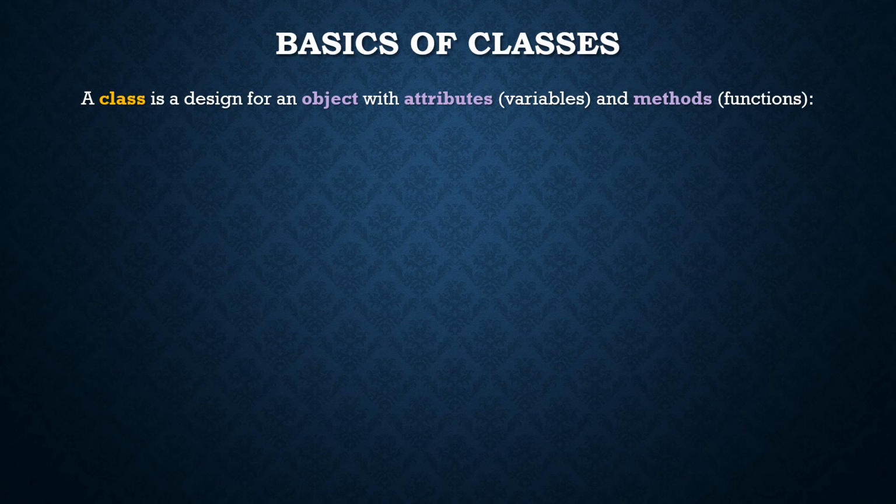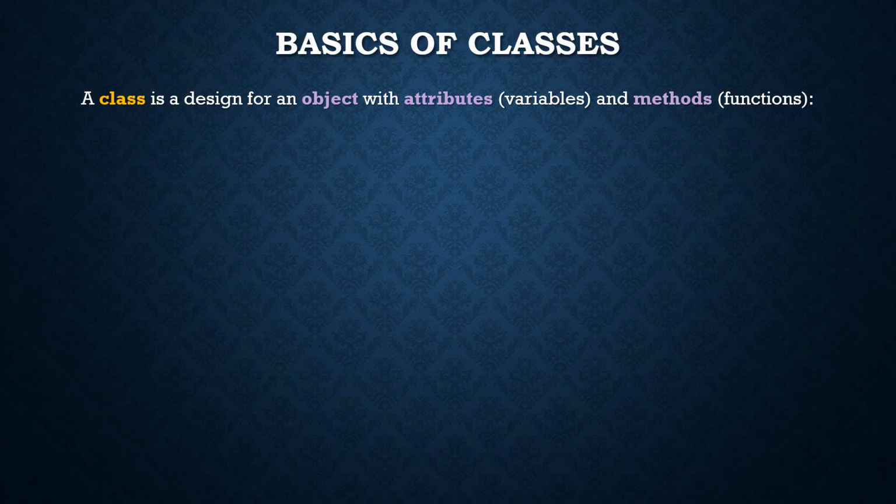When we design classes, they basically have two different components in the object-oriented paradigm. The first one is called attributes, which basically defines the variables that are associated with a particular class. In the case of a car class, think of what the attributes might be. One example could be the make, which is the manufacturer of this car, as well as another attribute, which could be the year of this car.